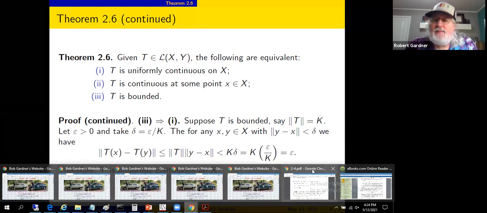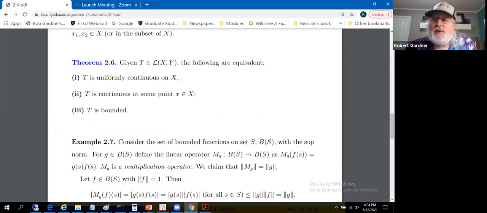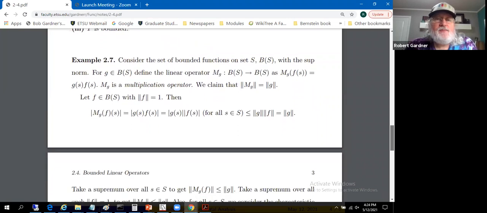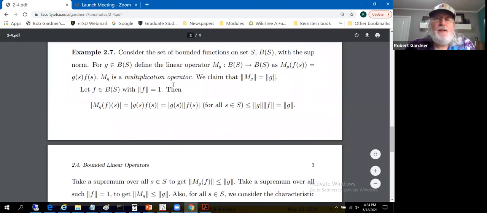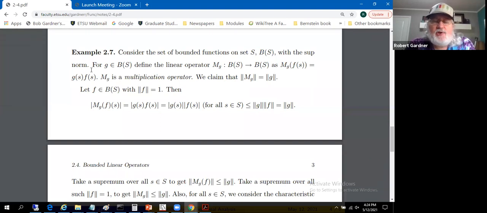All right, so back to the notes and example 2.7 from the book. Consider the set of bounded functions on set S, B of S, with a sup norm. We introduced this in the previous section, 2.3, when we looked at bounded functions on this set and put a norm on them.